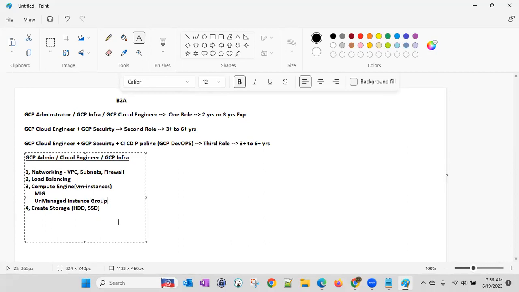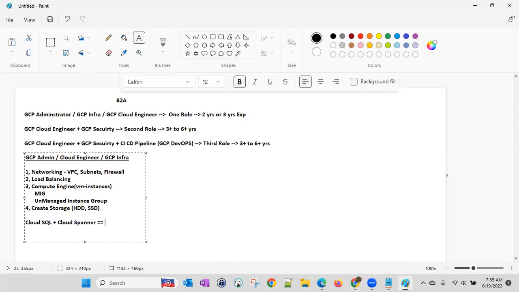After that, creating databases is very, very important as of now. I can say Cloud SQL with Cloud Spanner also. That we are going to discuss. If you have an application, the database should be there, right?